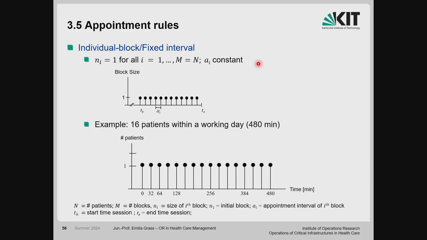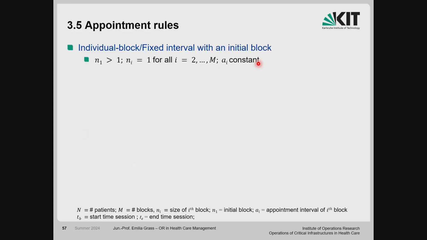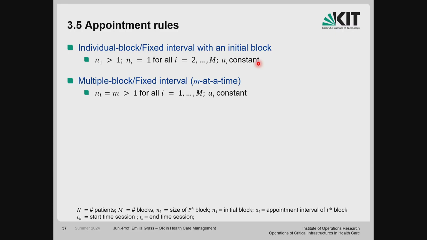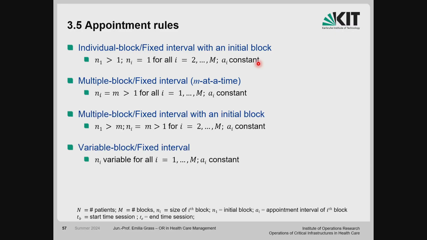Okay, so that could also be done. Or we could have different appointment rules. So for instance, we could have individual block versus fixed interval, so we showed that. Or you could have multiple blocks where you say, okay, in each block we let 5 patients coming in.